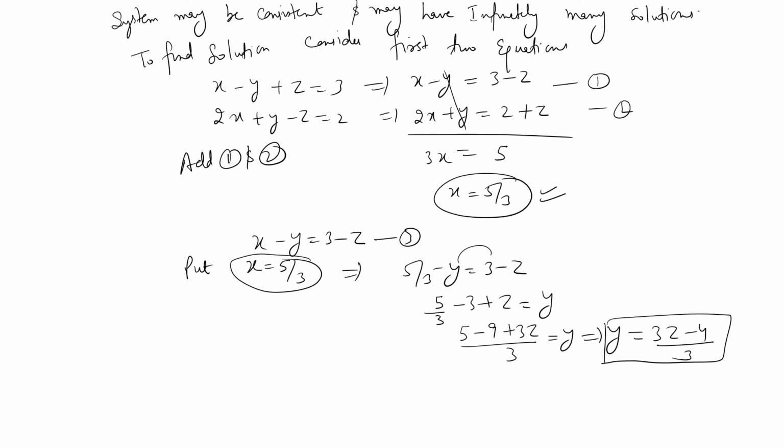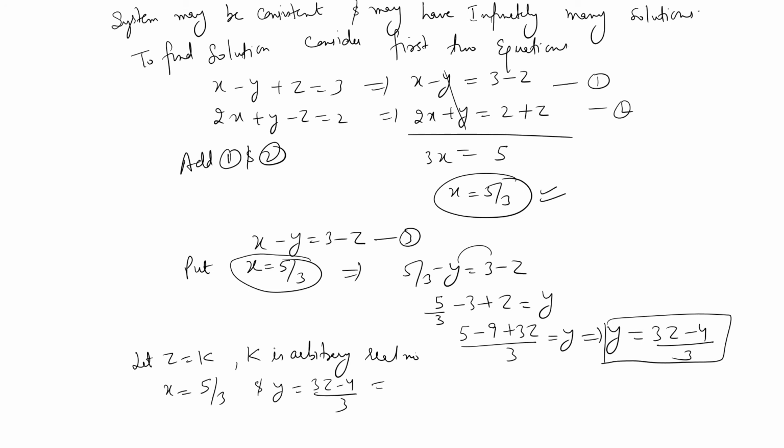Now let us take our z as k. So you can take z as k here also. What is k? K is some arbitrary real number. Okay, so as it is an arbitrary real number, it will give me x as 5 by 3. But my y here is your 3z minus 4 by 3, right?